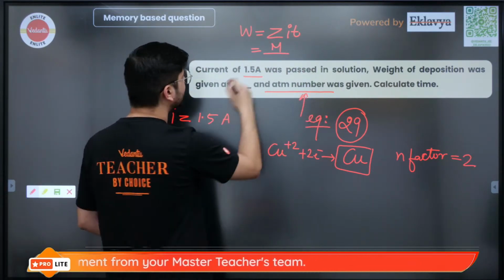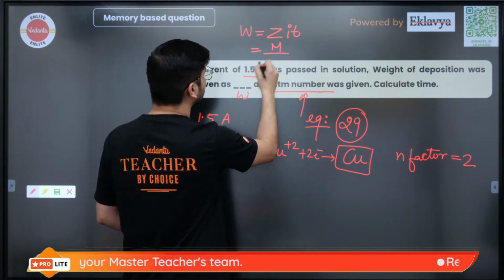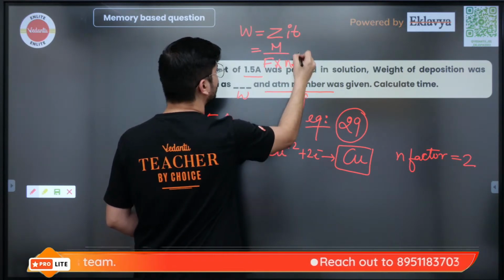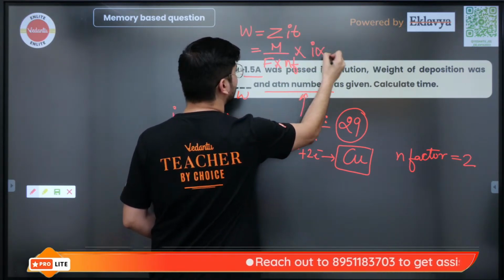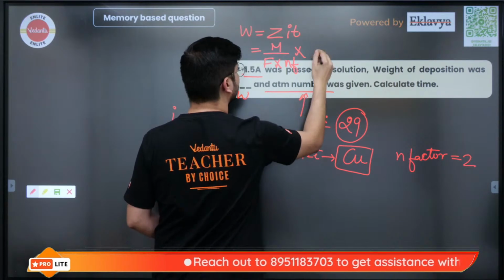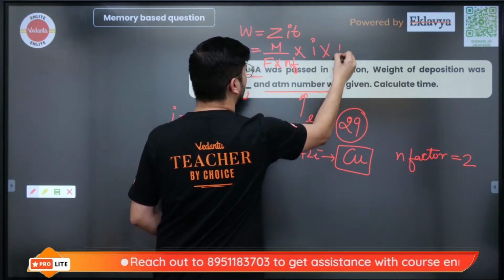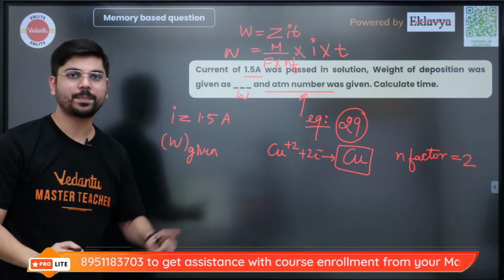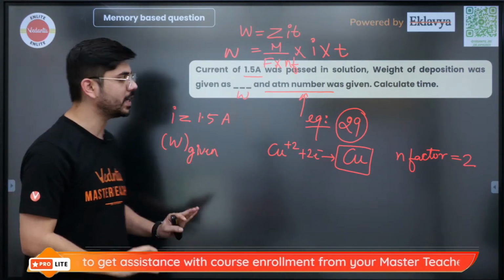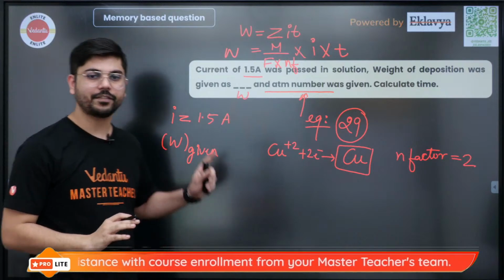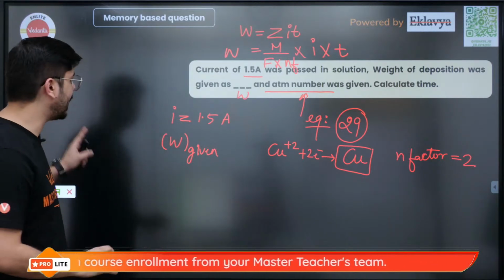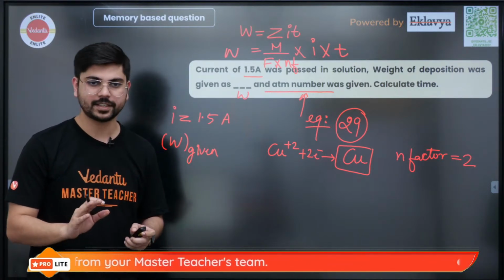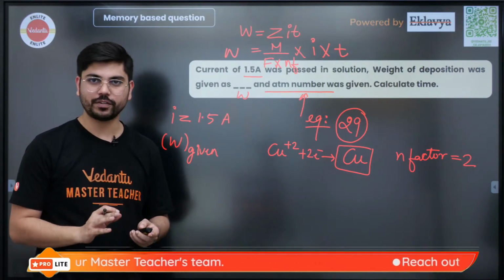Molecular weight is known to us, F is known to us, N factor is known to us, I is also given, time is not given, W is given. So everything is known except time. We can calculate it from here. Has everybody understood this question? And if it comes in your shift, you should be able to solve it, right?